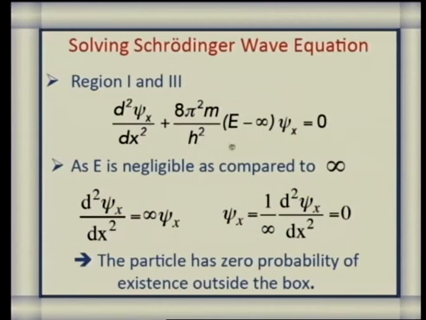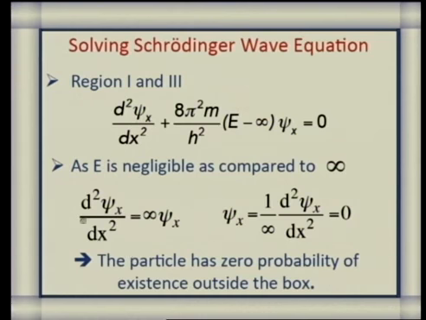When I solve the Schrodinger wave equation for the particle in regions 1 and 3, this is the expression we just derived. Since E, the energy of the particle, is negligible compared to infinity, I get a simplified expression.